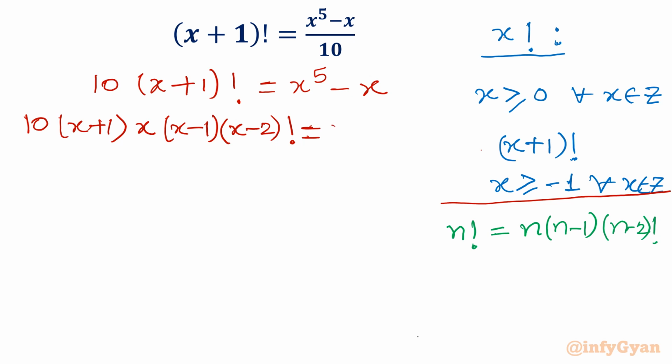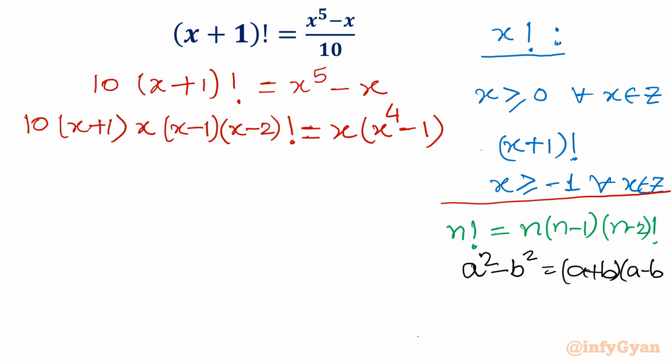RHS: I can take x common. So what would be left? x to the power 4 minus 1. Alright, now we'll use the difference of square formula. Let me write here, a square minus b square can be written as (a plus b) times (a minus b).